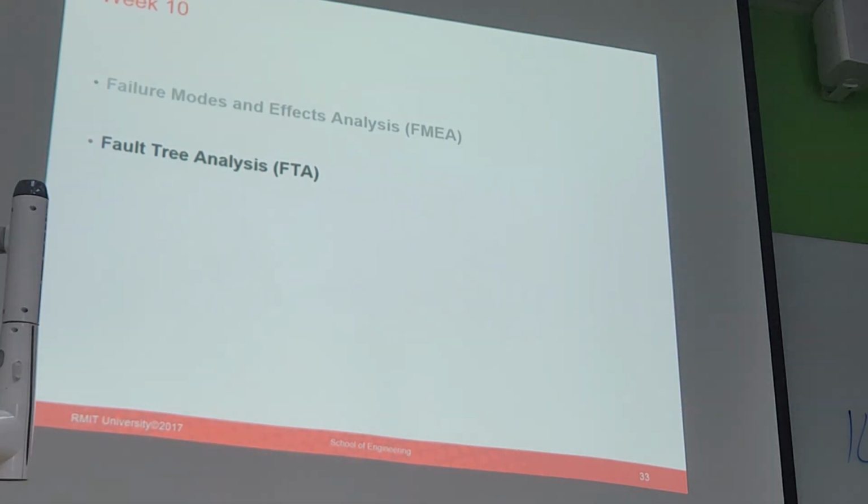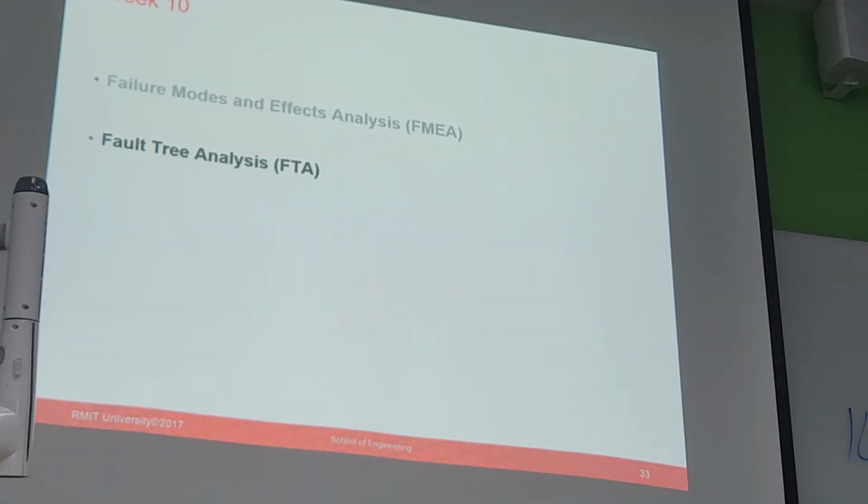If you fill in this form, I expect that you understand very well, because the table explains very well. It says you try to reduce the O or S or D, and then you understand how you can use the failure mode.